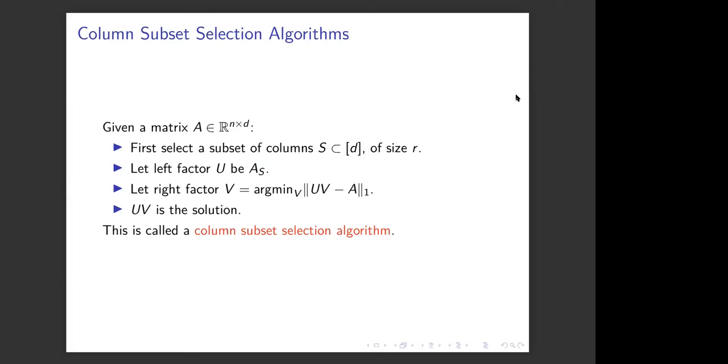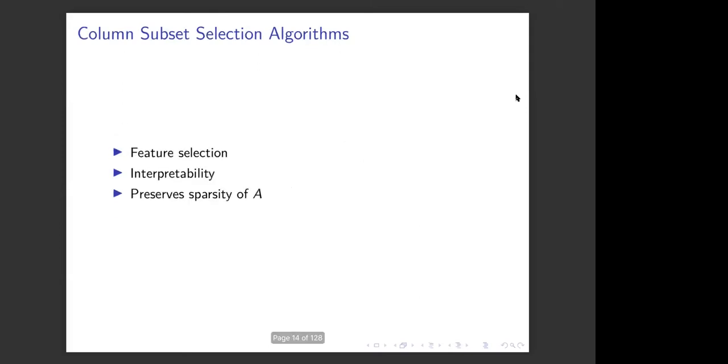So why will we restrict attention to such algorithms? There are many motivations. The main motivation is that column subset selection allows you to select a set of features in the input matrix. If you have a data set, for example, then you're selecting a small number of features which explain all of the other features in the data set.